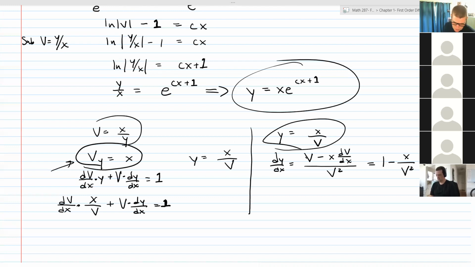Okay, thank you. Makes sense. All right, yeah. But I just want to make sure that I have the same one that they use in the book for this other one. We use x over y.